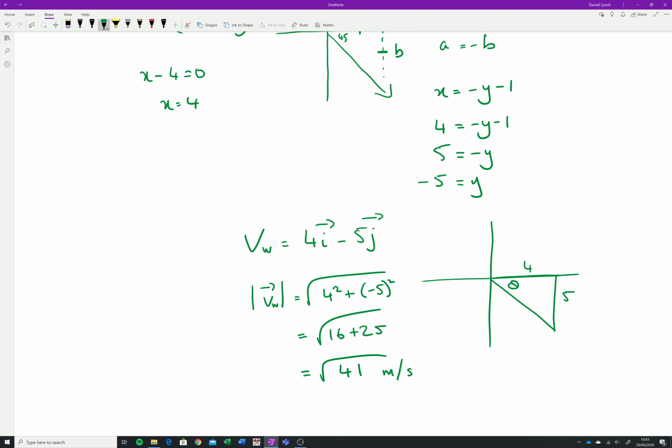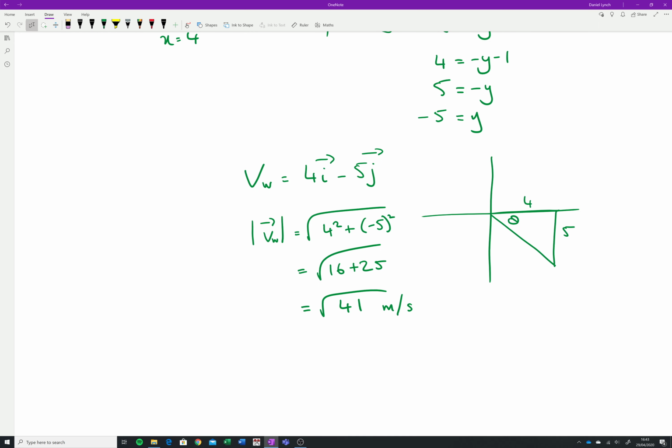If we're only interested in the triangle, we can just call it 5 itself, just to be able to use sine, cos, and tan. So it's opposite and adjacent. tan theta equals opposite 5, adjacent 4. Theta equals tan inverse 5/4.